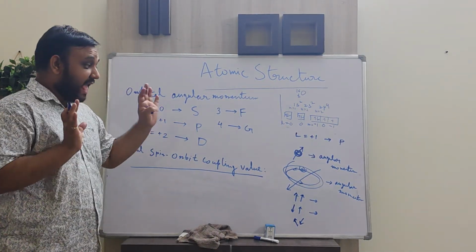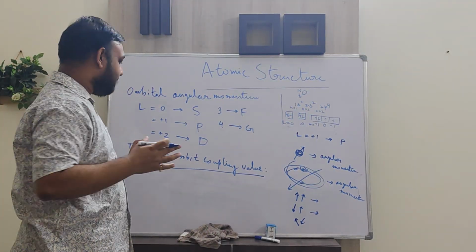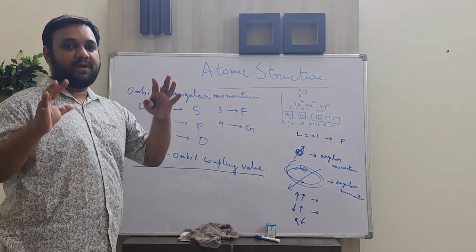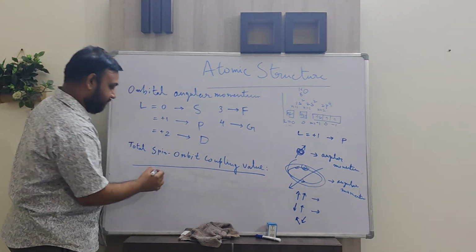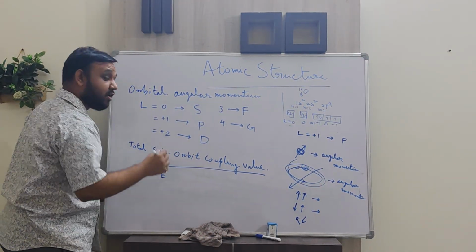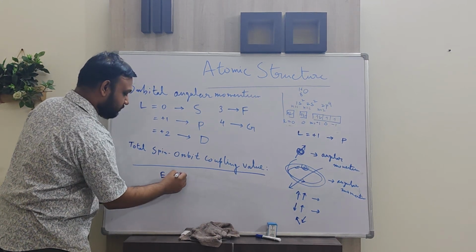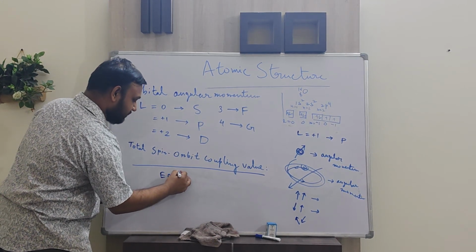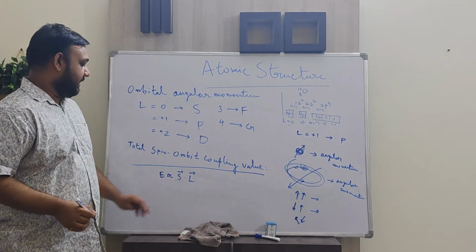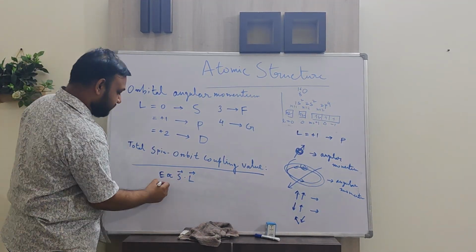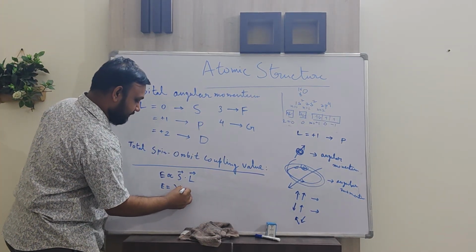So these angular momenta, spin and orbital, interact with each other to give specific energy states. Actually, the energy of the spin orbit coupling is proportional to the spin vector as well as the angular momentum vector, with a proportionality constant. We can think of it as lambda.